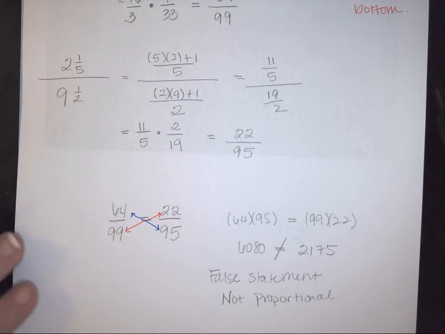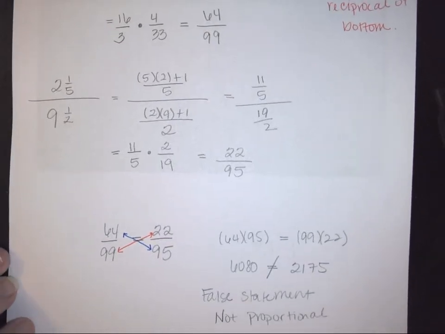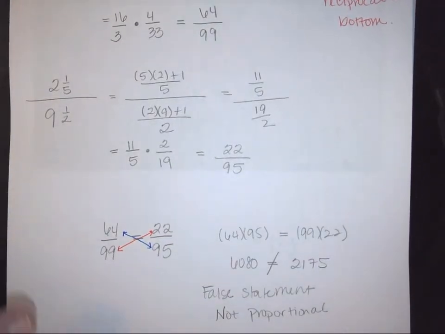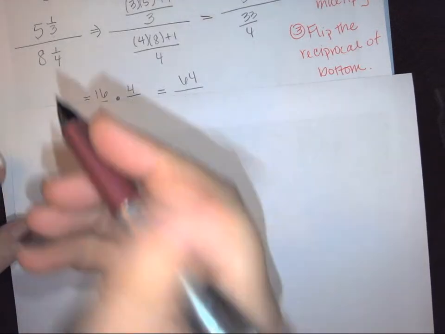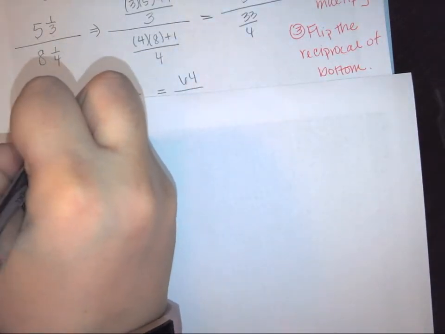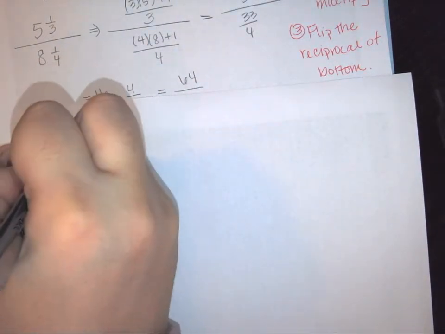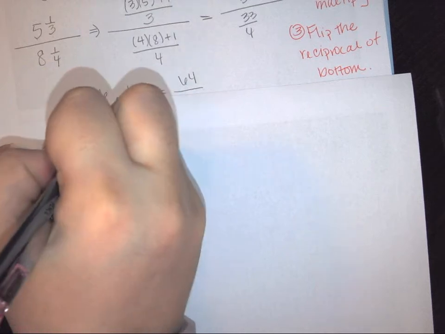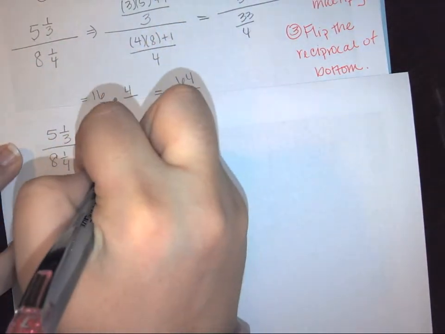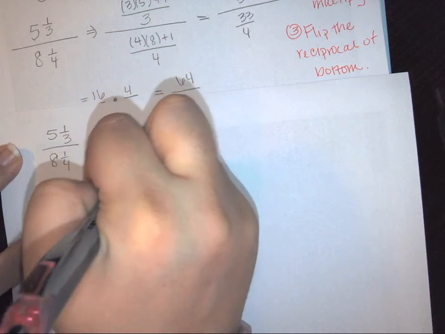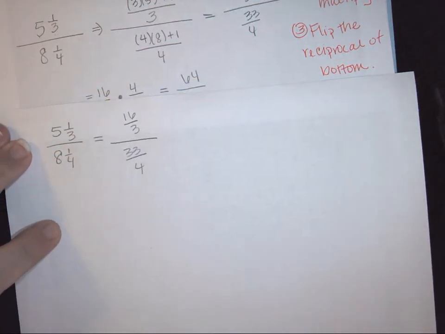Now that is just one such way that you could approach the fractions. Okay. The other thing that we could have done is, when we got down to having 5 1/3 over 8 1/4 reduced to 16 over 3 over 33 over 4, stopping there.